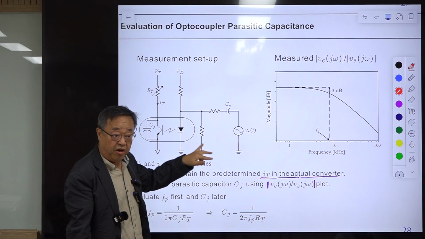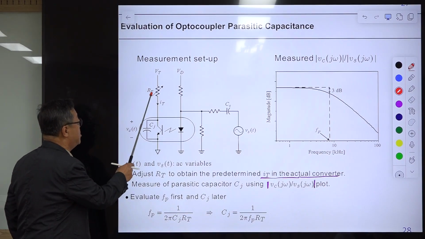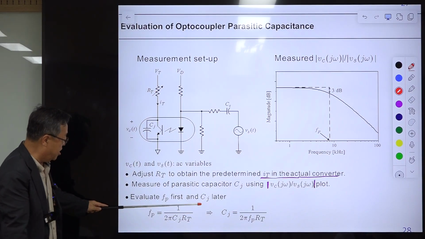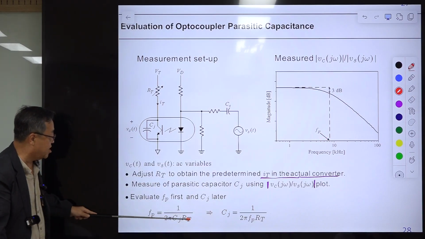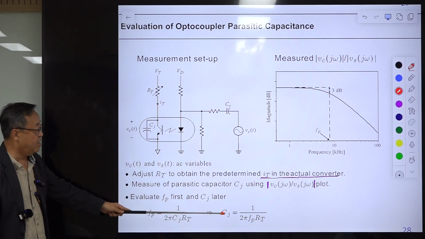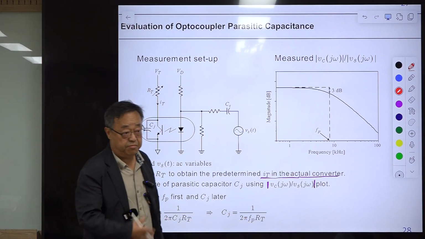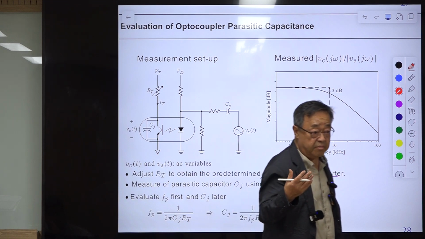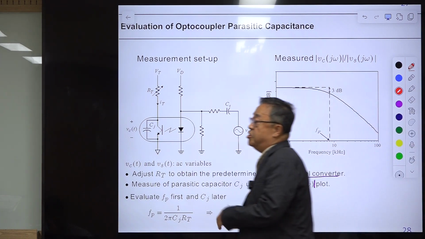We know there is a single pole, and the single pole is coming from the combination of this and this. From this you observe this frequency, and FP is given by this, and with this data you estimate CJ. Okay, so this is the measurement. Maybe a reasonable measurement. So this should be measured.